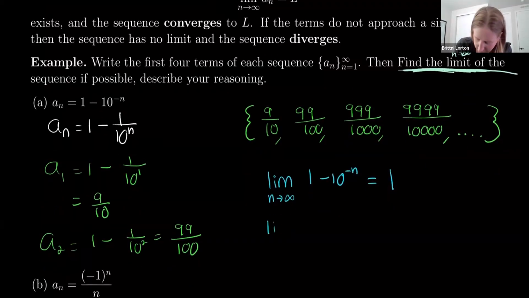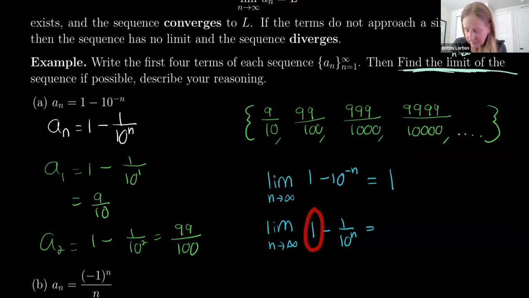If you wanted to write it instead using the Calc 1 logic, which is also fine, you would take the limit of each of those pieces of the function separately, and 1 is just 1, and then 1 over 10 to the power of a really large number.